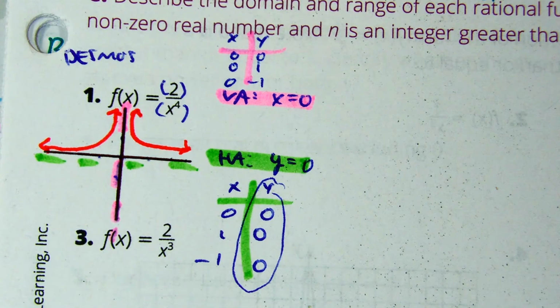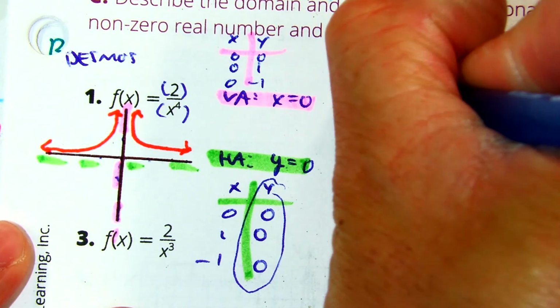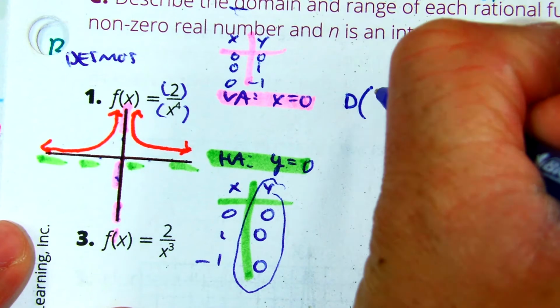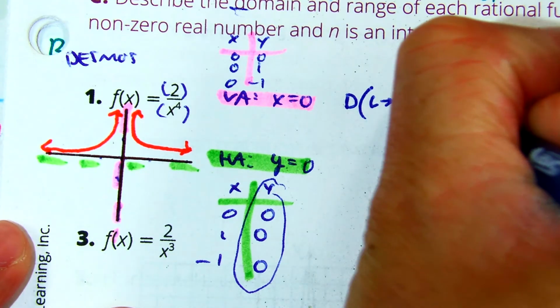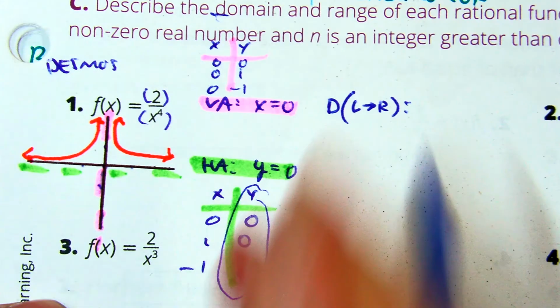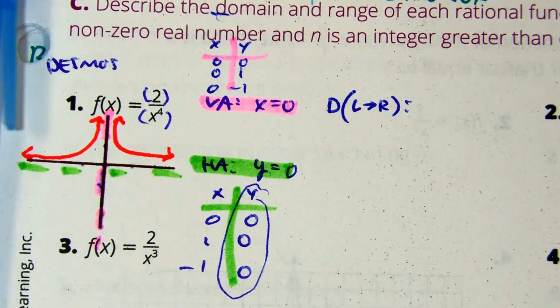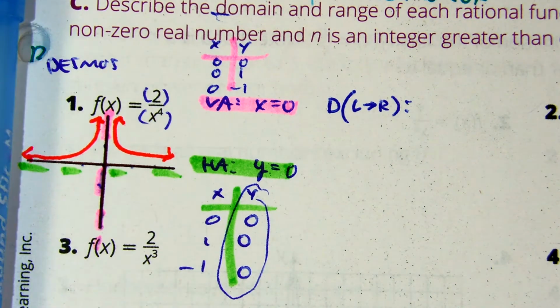Okay. Now, let's go ahead and do today's lesson. We need to figure out the domain. D for domain. And we're going to go from left to right. The domain is basically saying, where is the graph? So put your pen on the far left. I'm over here.